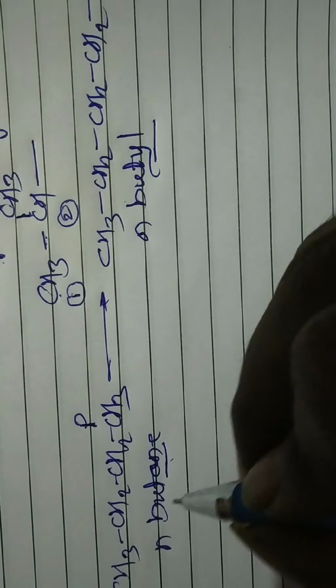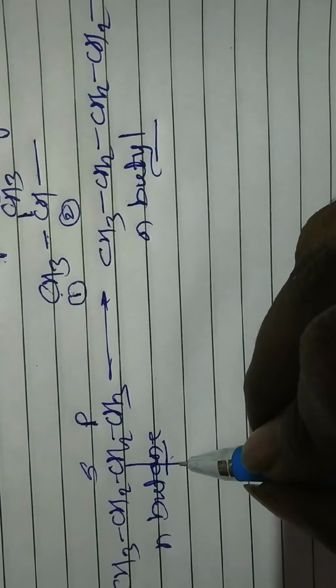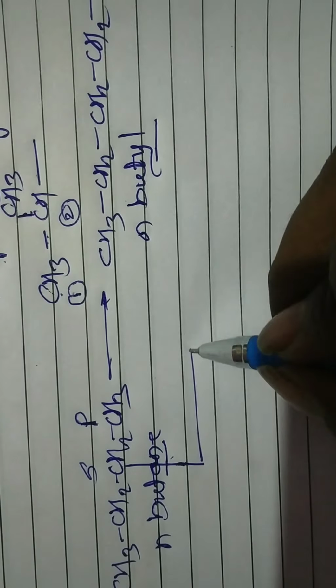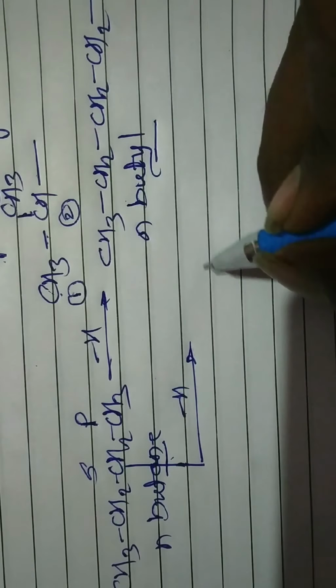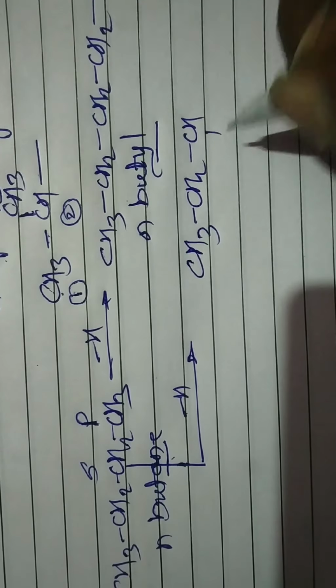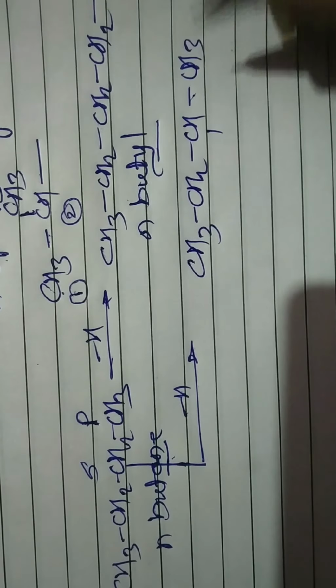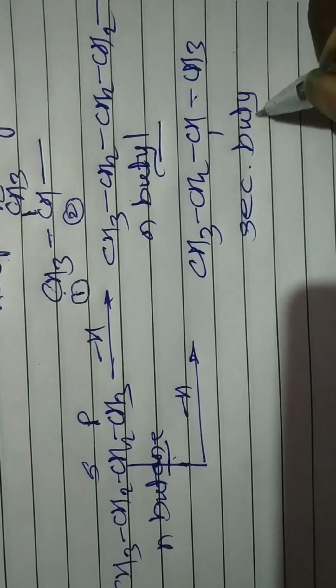Now, if a secondary hydrogen atom is removed, we get the group CH3CH2CHCH3. This is known as the secondary butyl group.